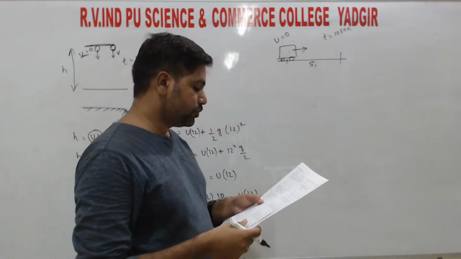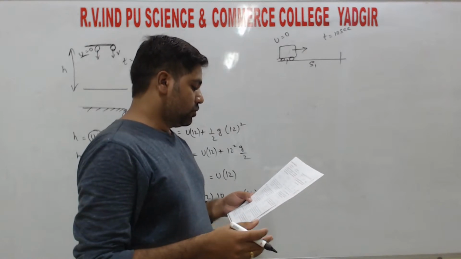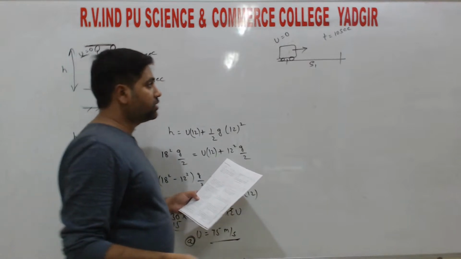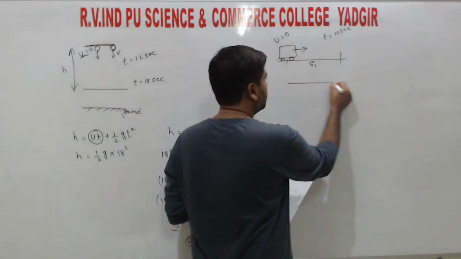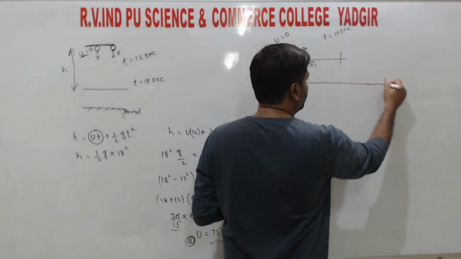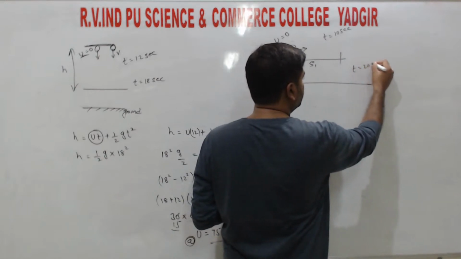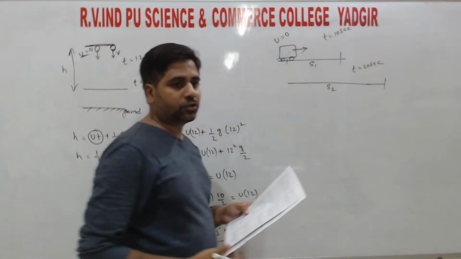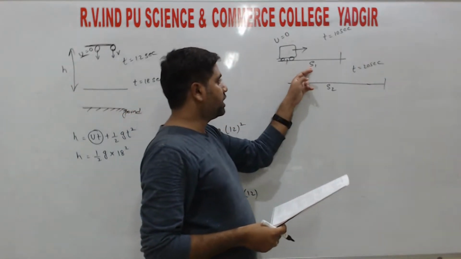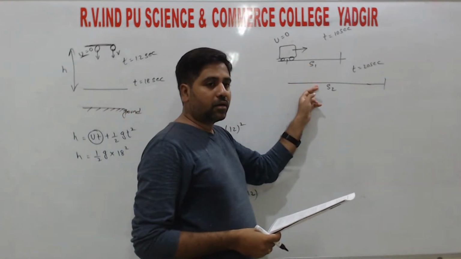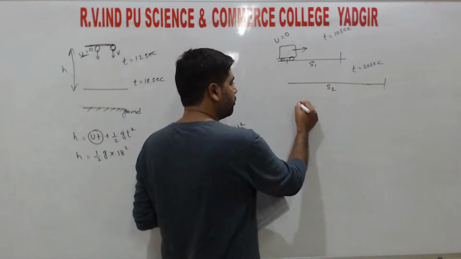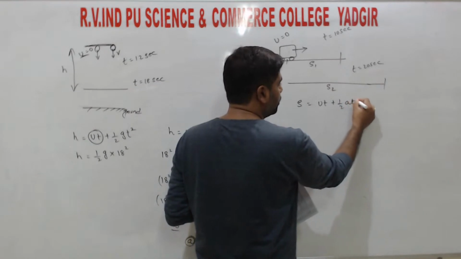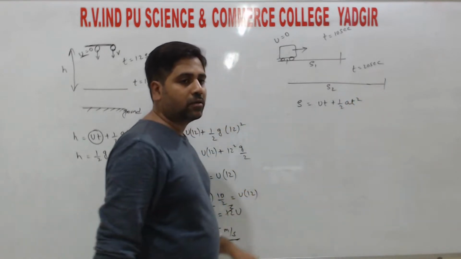And again, that covered in first 20 seconds, right? So first 20 seconds means up to here, when t is equals to 20 seconds, the distance covered is S2, right? So we need to find the relation between S1 and S2. So again we have the displacement S is equals to ut plus half at square, right?